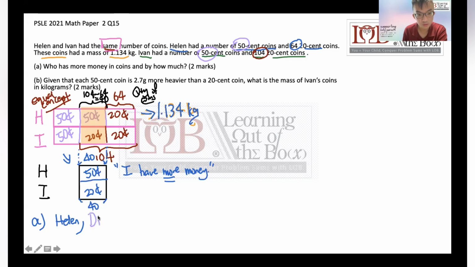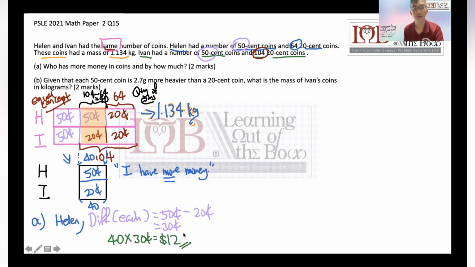So the difference each will be 50 cents minus 20 cents, which is 30 cents. And then you have 40 of them. You'll be 40 times 30 cents, which is, let's just change it to dollar sign, $12. Okay, so that's the answer for part A.